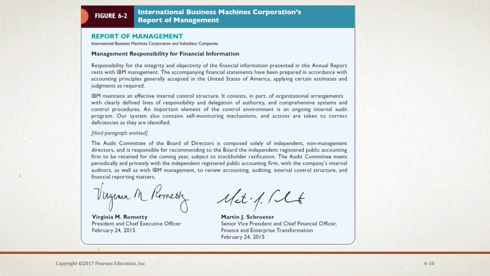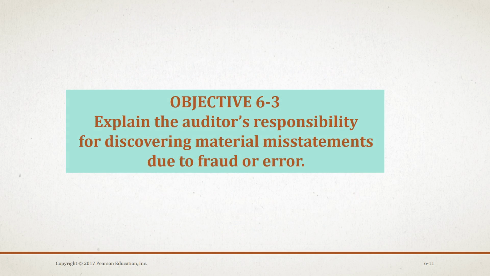This is an actual management responsibility for financial information where the CEO and CFO actually give a certification on internal controls to the auditors, as well as, of course, to the board of directors. Our responsibility is in the opinion of the financial only.